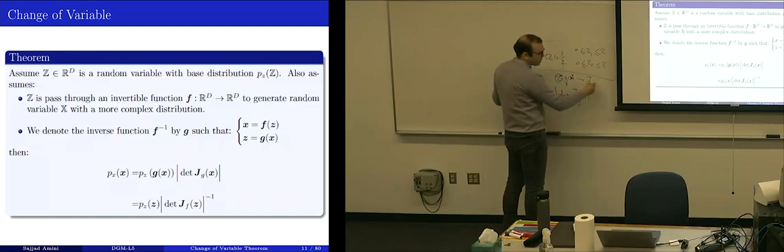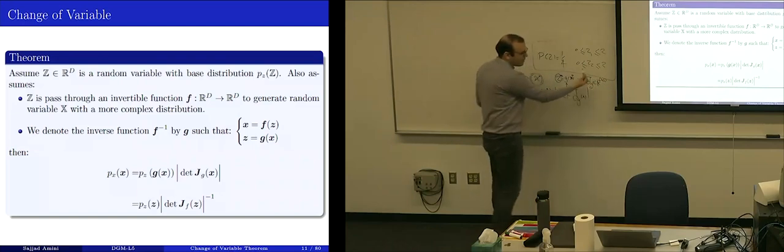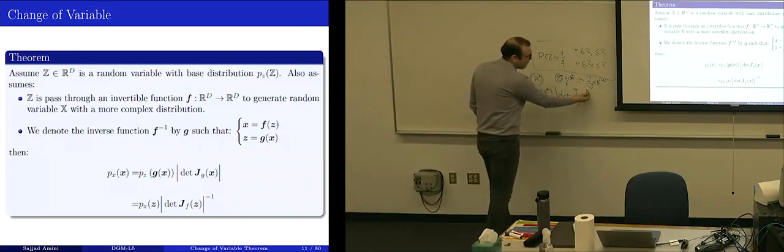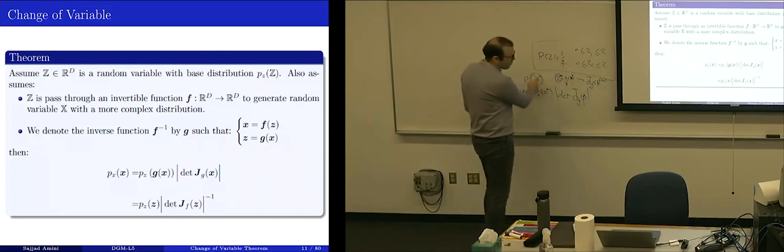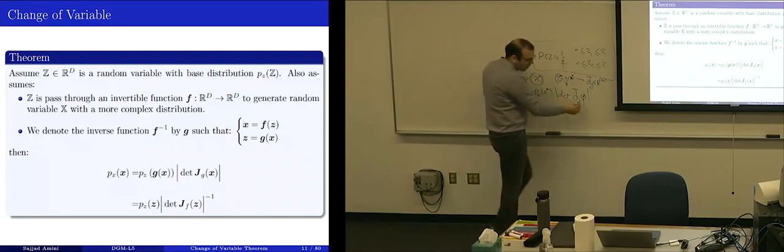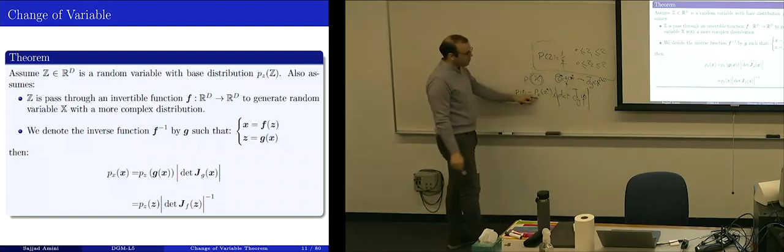We can formulate g, so we can calculate its Jacobian. Its Jacobian is a d by d matrix, and you should evaluate it at your point x star. We calculate the Jacobian at one point and take the determinant. The determinant of the matrix can be calculated easily, and then take the absolute value and multiply that absolute value with PZ of z star.